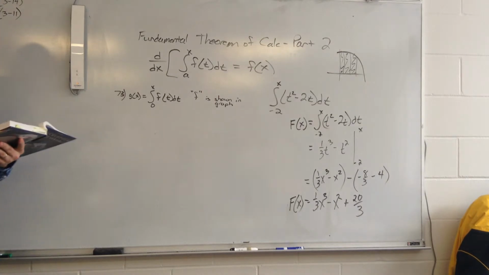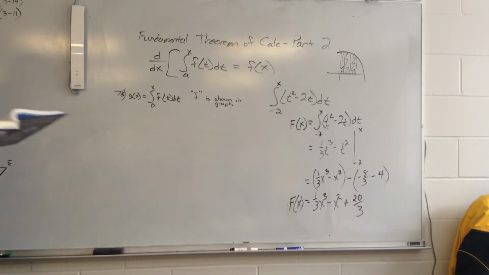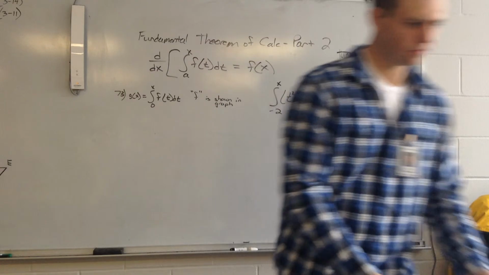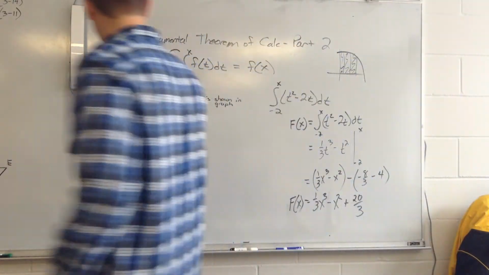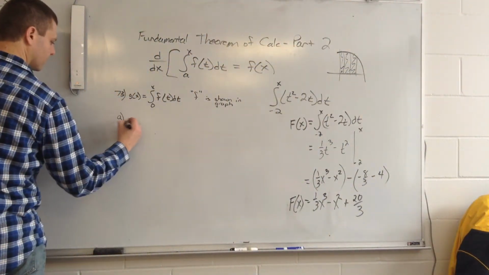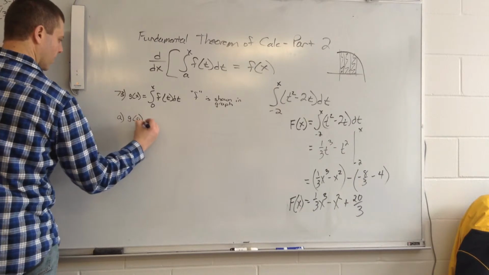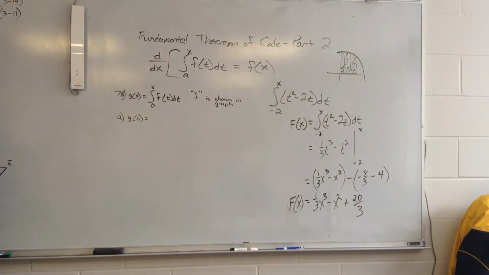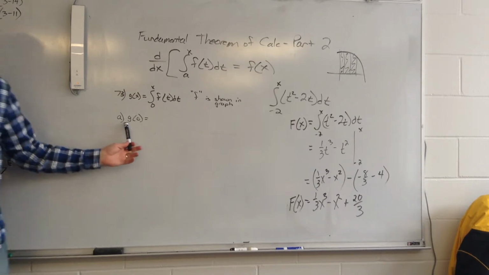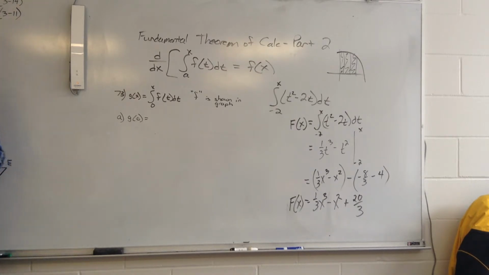Alright, so f is shown in the graph on page 295. You'll want to be able to see that. Okay. Alright, so it says find g of 0.